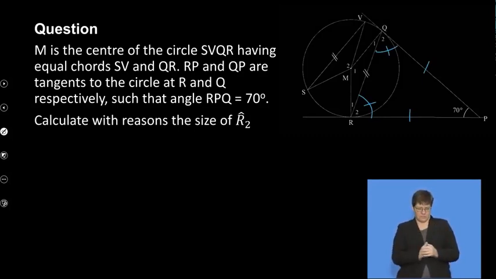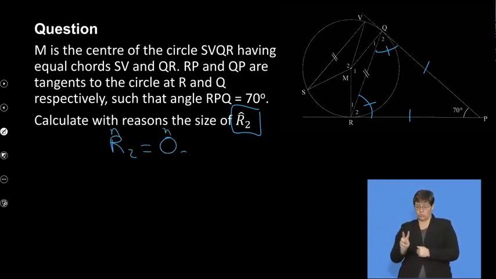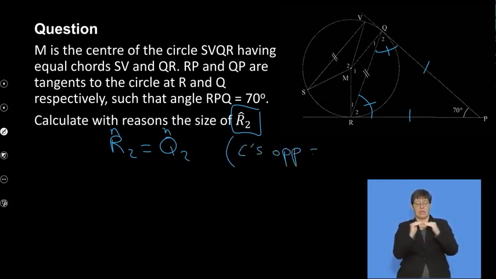Then the first question wants us to find the value of R2. Now to find R2, we know we're going to use the sum of angles in a triangle. Since R2 is equal to Q2, that will be our starting point, right? So I will start by saying R2 is equal to Q2, and this is because of angles opposite equal tangents, right? You will specifically say equal tangents.